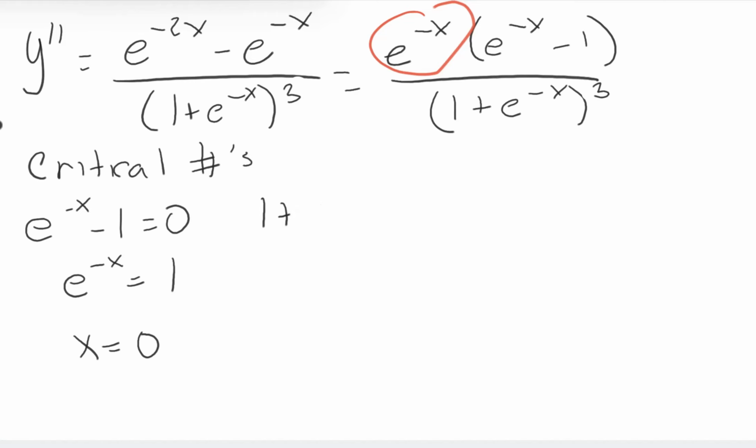And then I have 1 plus e to the negative x equals 0. So e to the negative x equals negative 1, which can never happen. So that's my only critical number.